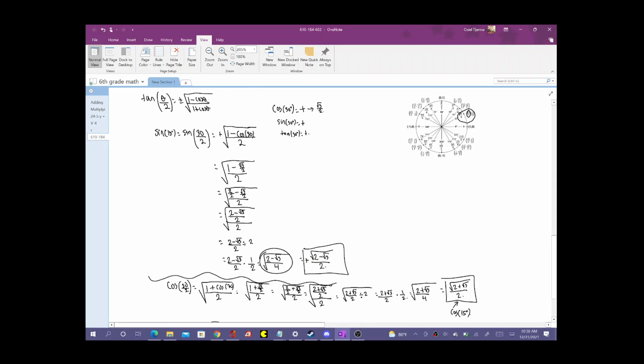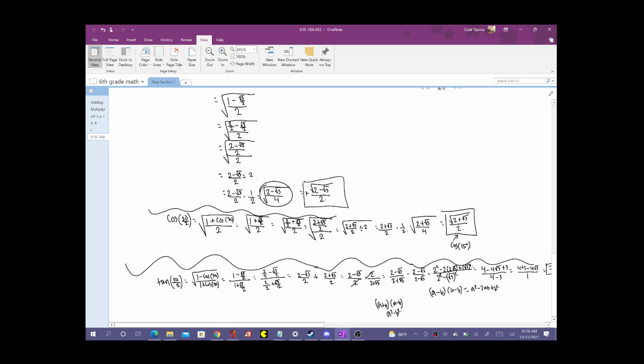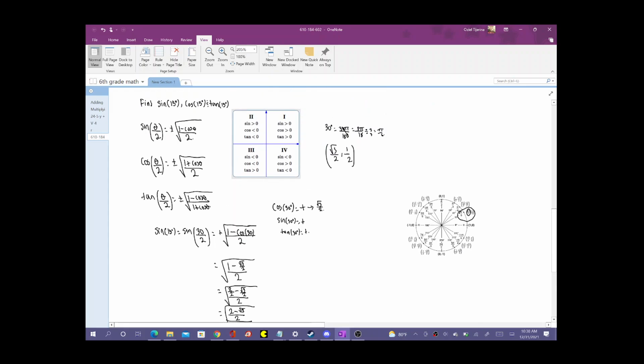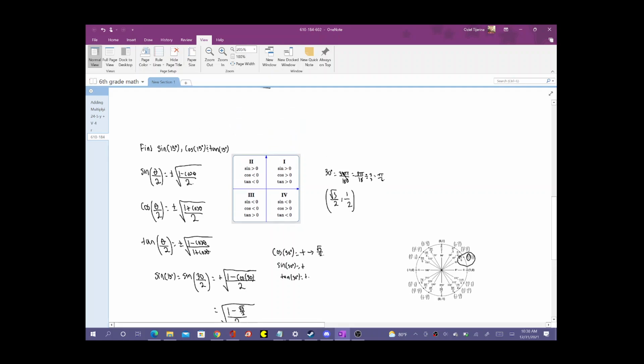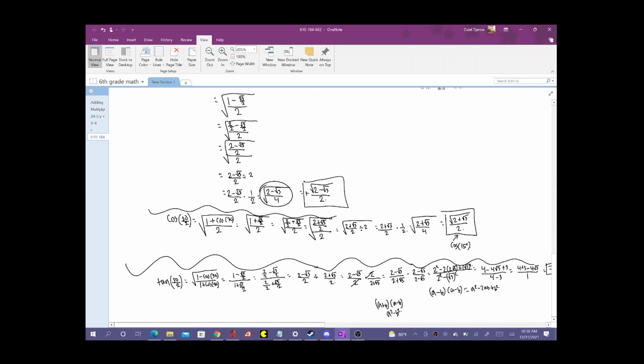So that is how you do half-angle identities. Obviously it depends on what quadrant the angle falls in. So yeah, this is how you do half-angle identities. I do believe I did a video on double-angle identities. But yes, this is how you do half-angle identities.